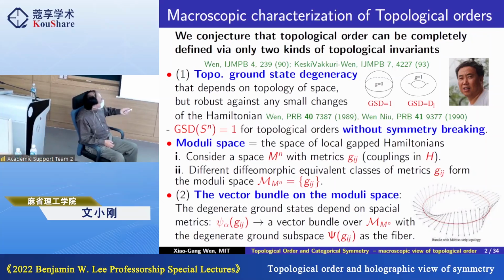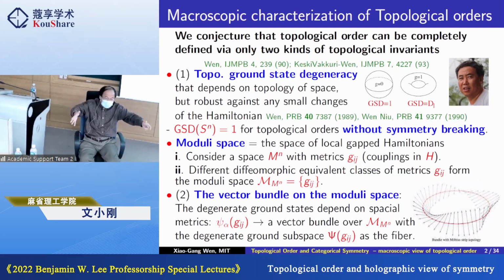Okay, so then we have a moduli space. For every point in the moduli space, you have a particular Hamiltonian, and suppose you have a topological order, then you have a degenerate ground state subspace.